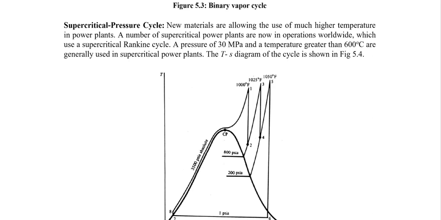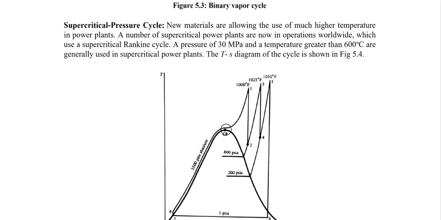By reducing the condenser pressure, we can increase the thermal efficiency of the Rankine cycle, while by increasing the boiler pressure, we can also increase the thermal efficiency of the Rankine cycle. I also said how much increase it could be: that would be up to the critical point. The maximum we can increase the pressure is to the critical point of the boiler, and obviously after increasing beyond that, we would not have any advantage anyway.